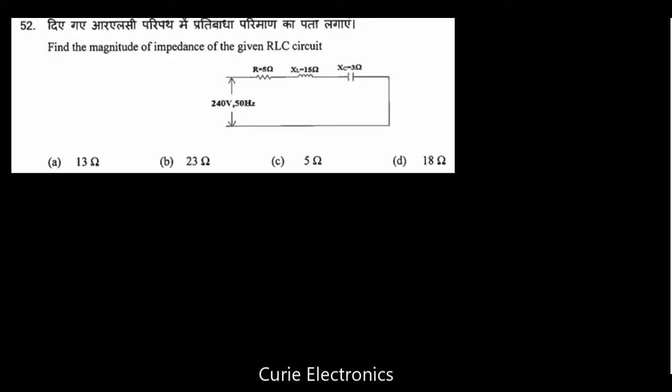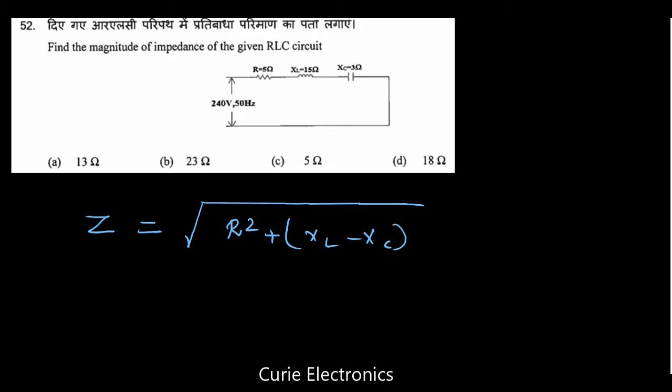Find the magnitude of impedance of the given RLC circuit. What is the impedance of an RLC circuit? I told you the equation in the first video before starting the questions. It is the square root of R square plus (XL minus XC) whole square.